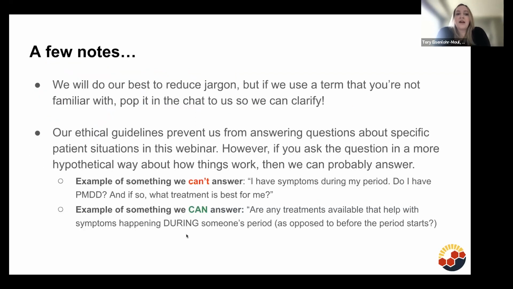A few notes. We'll do our best to reduce jargon, but we don't usually give talks to patients. We usually give research talks to other scientists, who expect us to use certain $5 words that are really jargony. So it's very possible that we'll use a term that you're not familiar with.